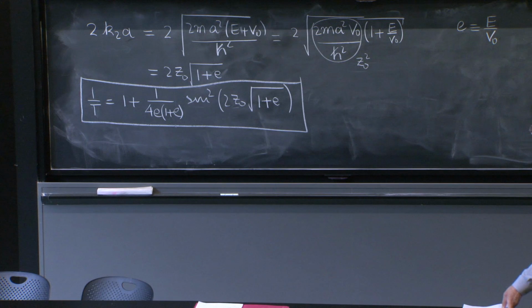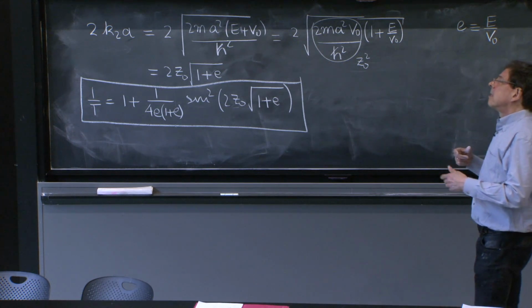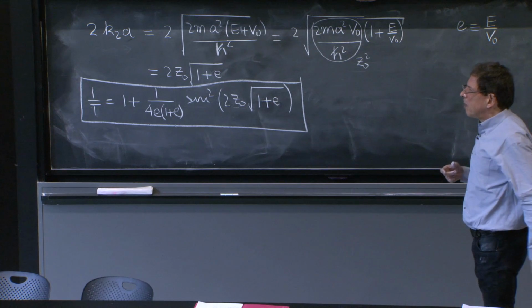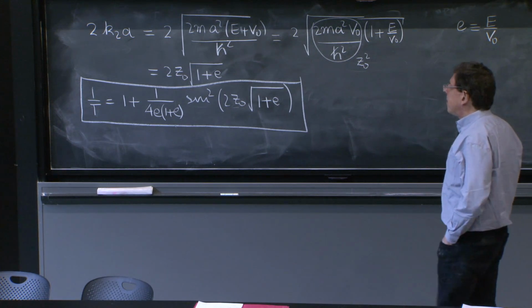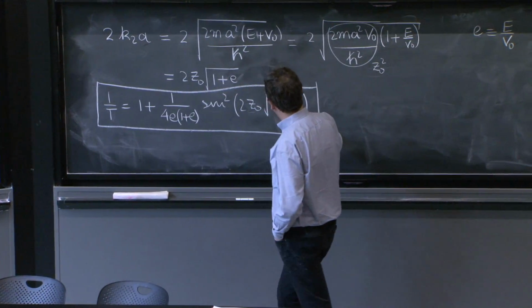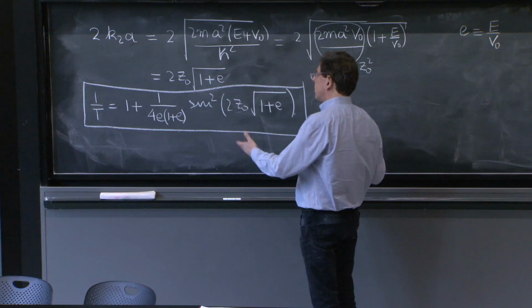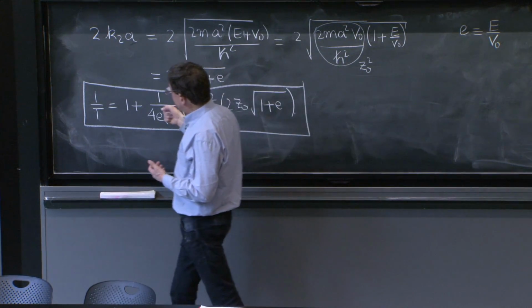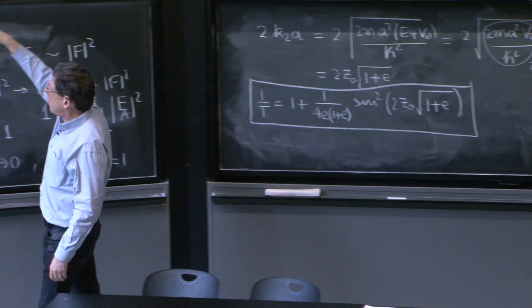So it's ready for numerical calculation, for plotting and doing all kinds of things with it. But what we want to understand is this phenomenon that you would expect in general some reflection and some transmission. But there is a possibility when t is equal to 1, and in particular when this sine squared function is equal to 0, and that will make t equal to 1, that you have a perfect transmission.